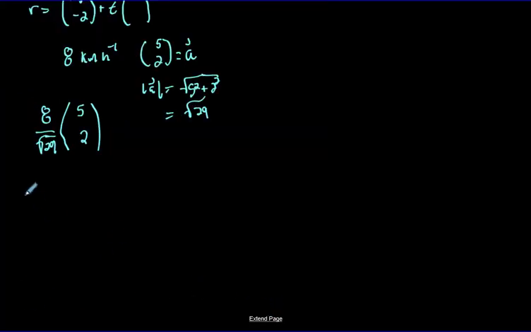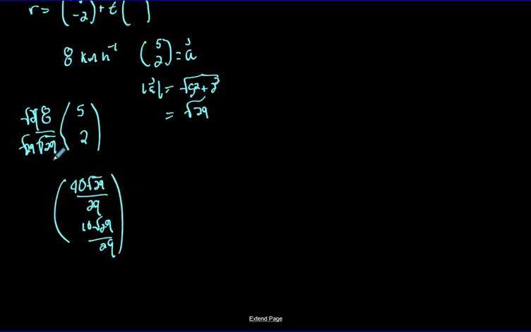I'll rationalize the denominator right here, a little bit messy, but now I can find this new vector, right? I'll multiply this scalar times this vector, and I'll get 8 times 5 is 40, root 29, all over 29, and then 8 times 2 is 16, root 29, all over 29, right?